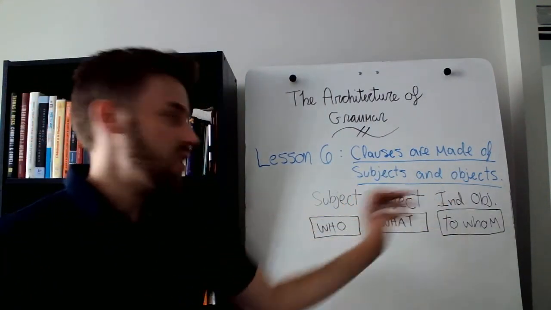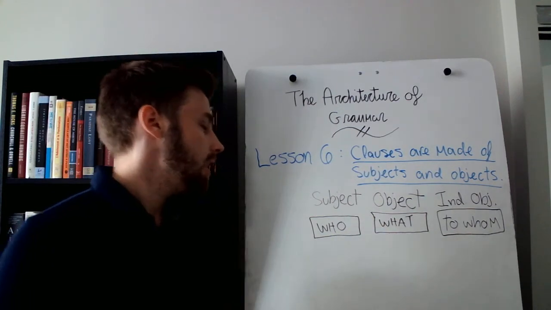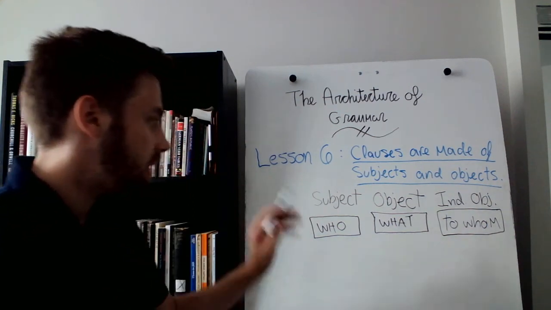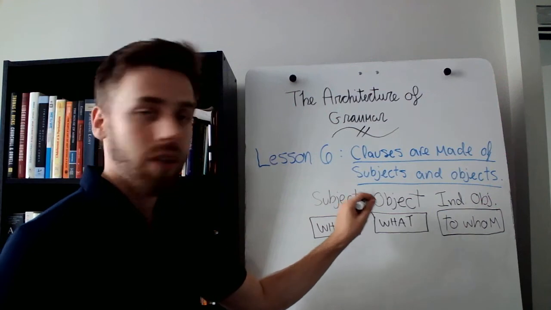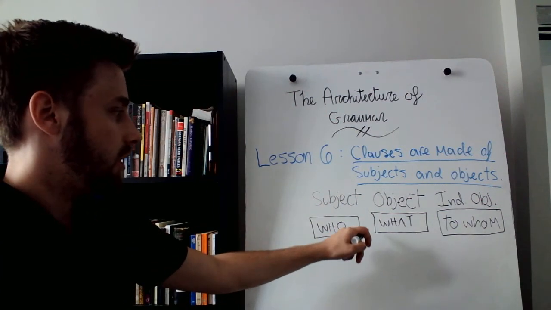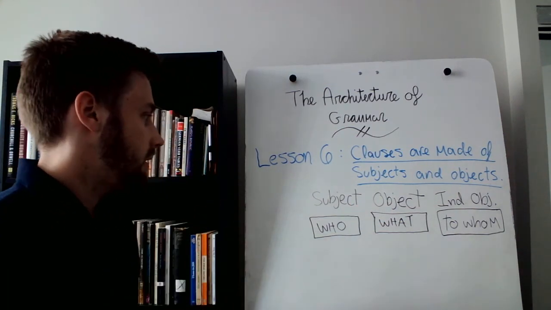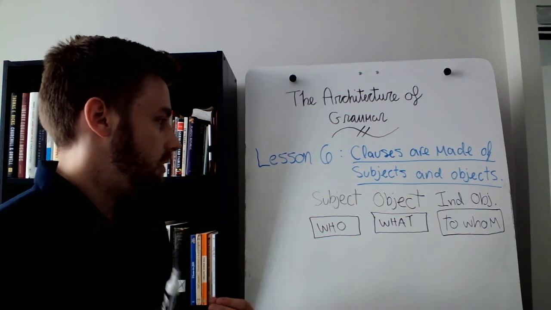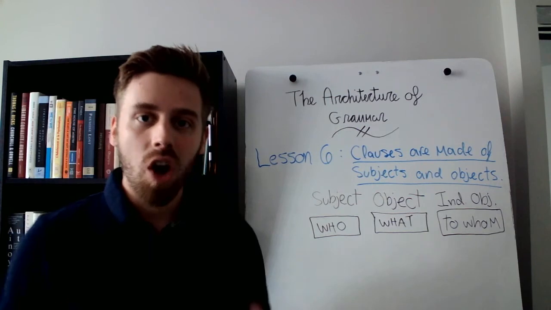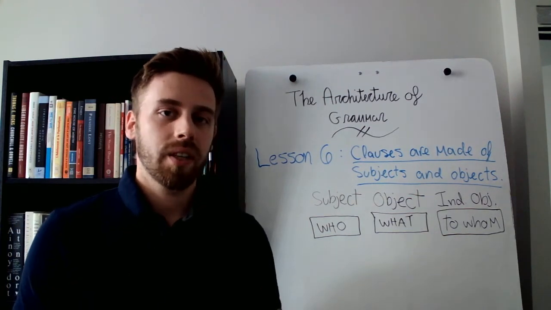And the indirect object, when it comes to the question word, is to whom. So for example, if we have a sentence with just subject and direct object, we might say, Léandre drinks coffee. Léandre is the subject, the verb or the action is drinks, and coffee is the direct object.